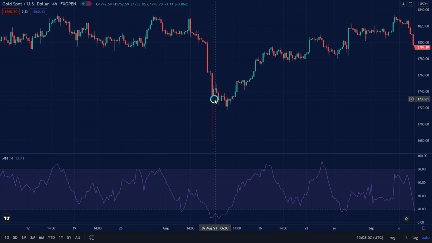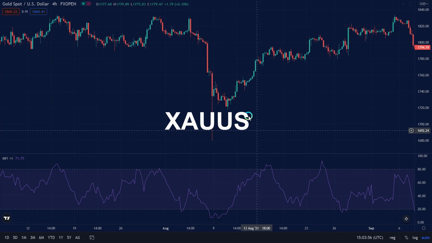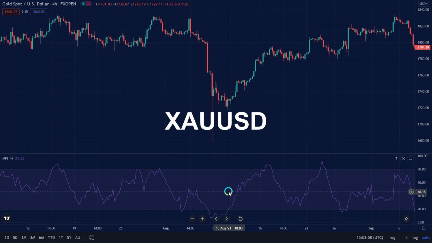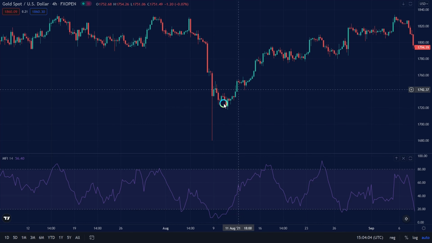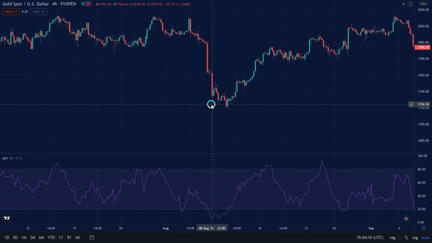As you see, here is a gold US dollar chart, because I just want to show you how it can be used in a good way and why, of course, as an oscillator it can't be used by itself. It is just how it is.